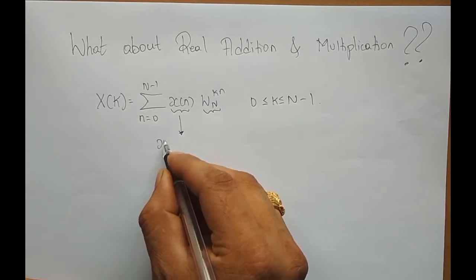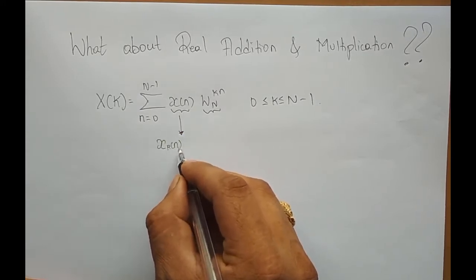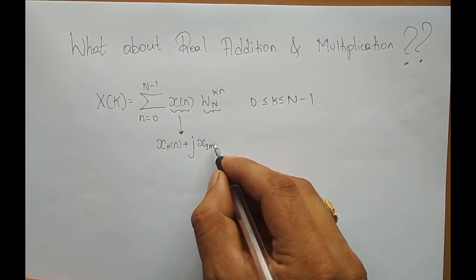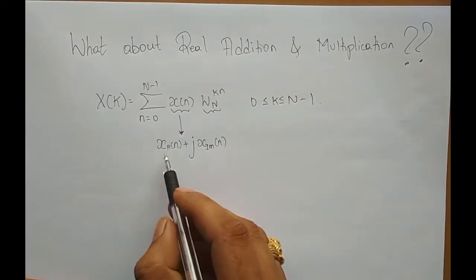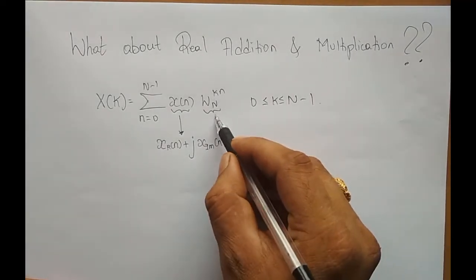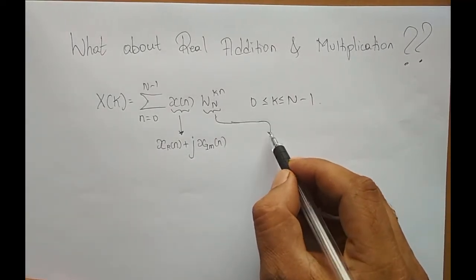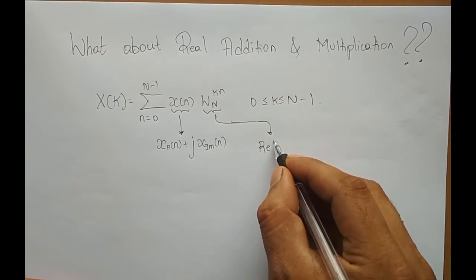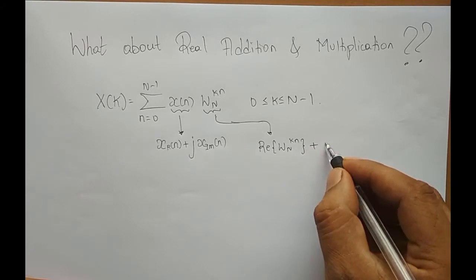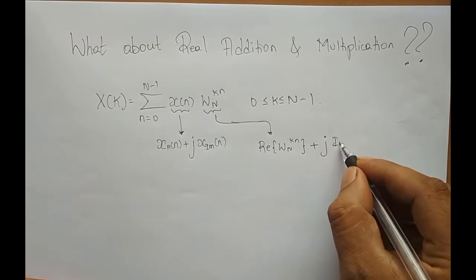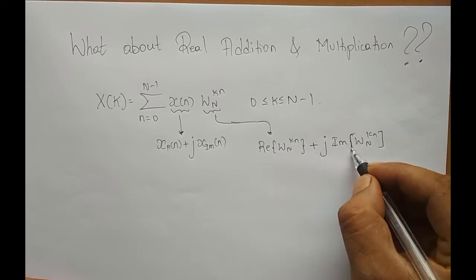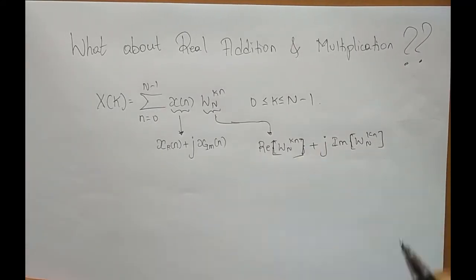I will write it as x real of n plus j into x imaginary of n. This is the real part of x of n and this is the imaginary part of x of n. Similarly, this twiddle factor I can write as the real part of W_N power kn plus j into the imaginary part of W_N power kn. Let me put it in square brackets.